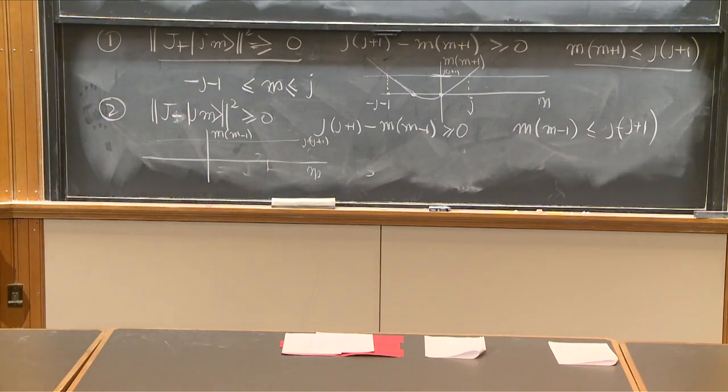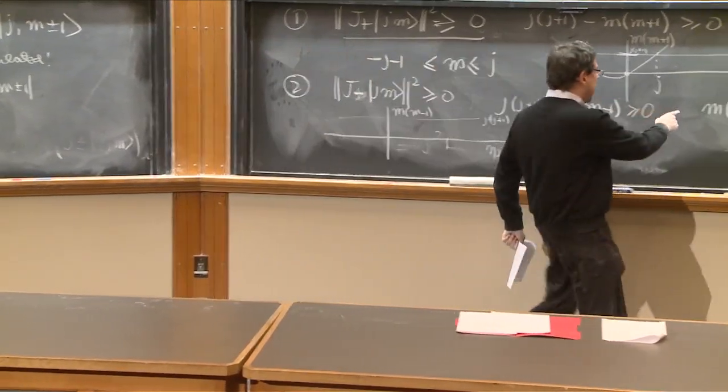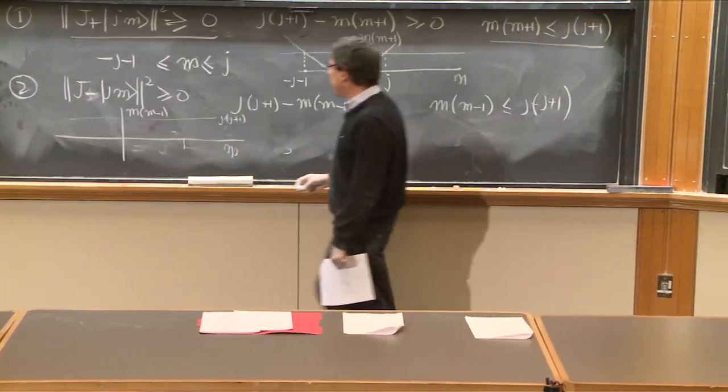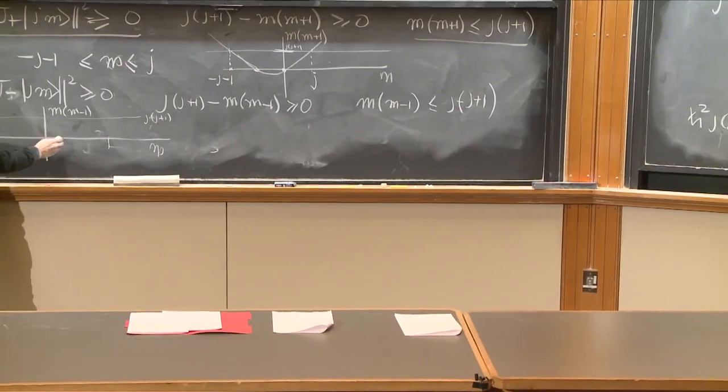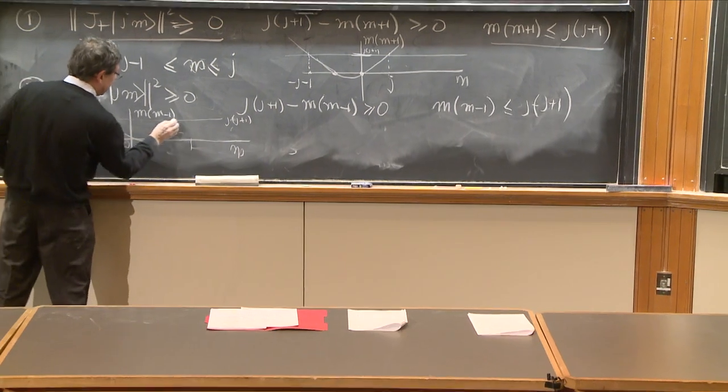So you think in terms of m's, how far can they go? So if you take m equals j plus 1, that hits it. So this is 0 here at 1, at 0, so it's some function like this.